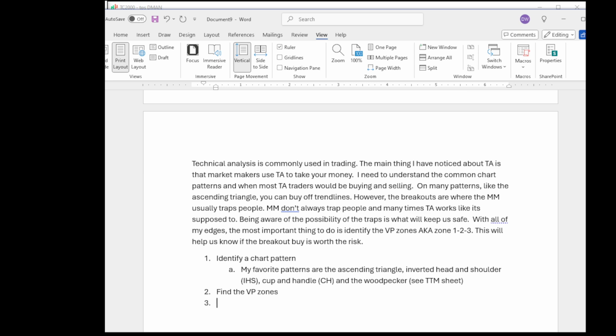That should be the next thing that you do. It's like, oh, okay, let's play this ascending triangle. Let's figure out where the VPs are. Let's figure out where the range is. So find the VP zones, determine risk, reward.